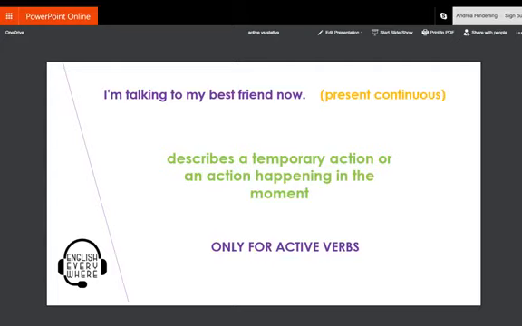And we only use active verbs in the continuous form. Okay? So I know this, a lot of times when you're first learning English, they give you the information in sort of small, easy to understand groups of information.